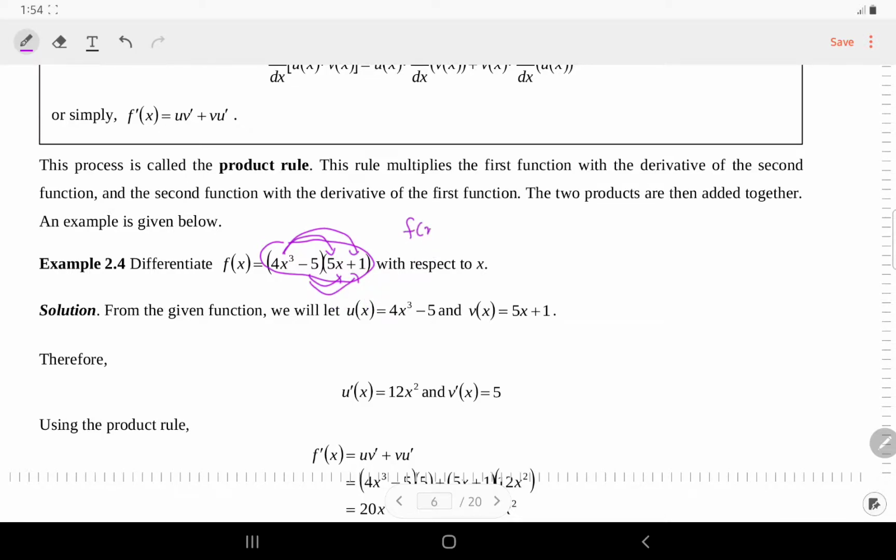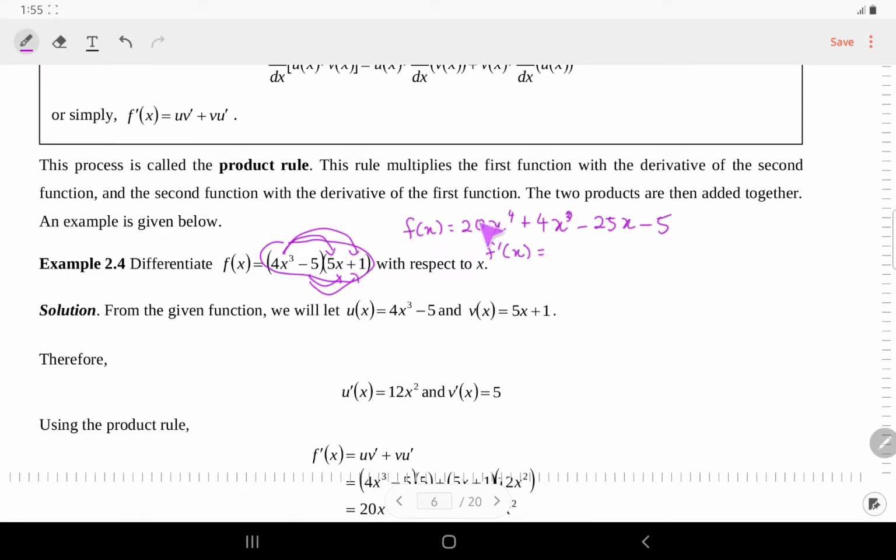So our f of x will become 20x power of 4, and then plus 4x power of 3, minus 25x and minus 5. For this simplified function that we have expanded, you don't need to use the product rule. So just differentiate it one by one, term by term.